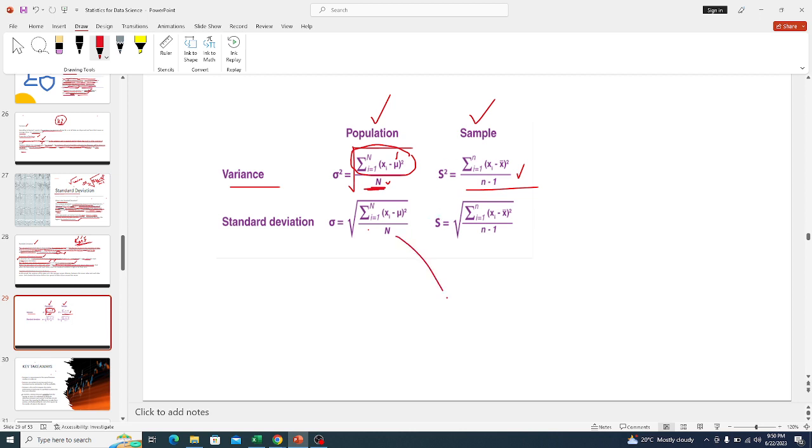Then my takeaway question: why are we using capital N under population, but under sample we are using n minus 1? Food for thought.